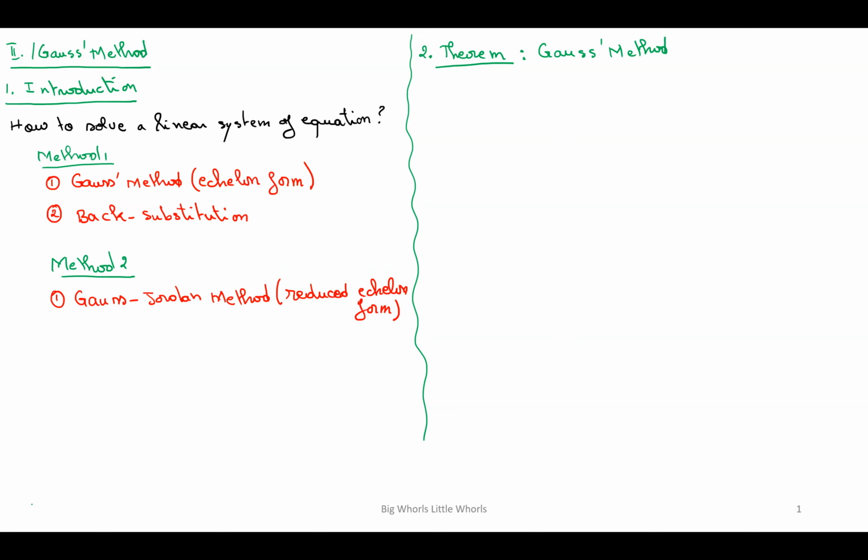So Gauss method says the following. As I said here, Gauss's method will allow us to have the linear system in the echelon form. That means we have the linear system first in its original form, and then we will do some stuff to the original form to have a new form we are going to call echelon form. Is that okay?